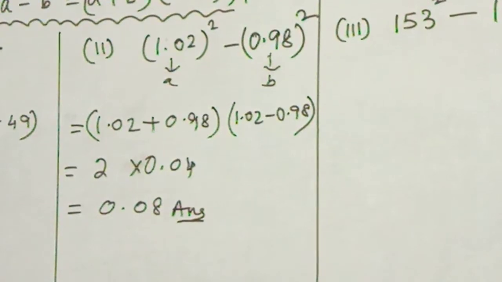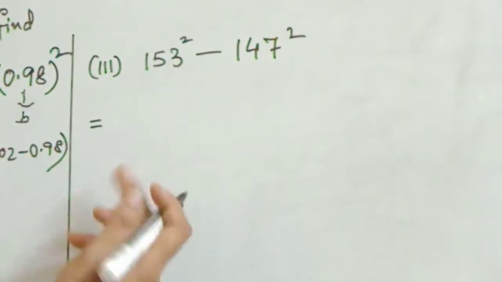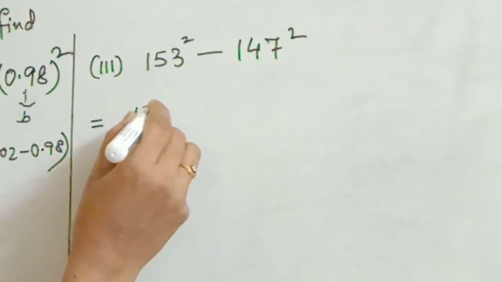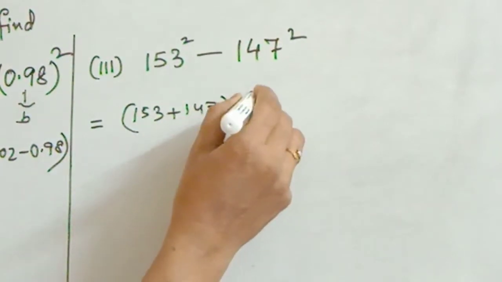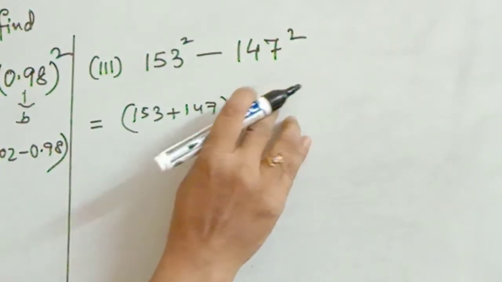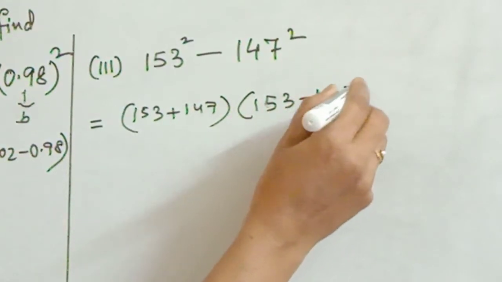Next one is 153 square minus 147 square, same way. 153 plus 147 into 153 minus 147.